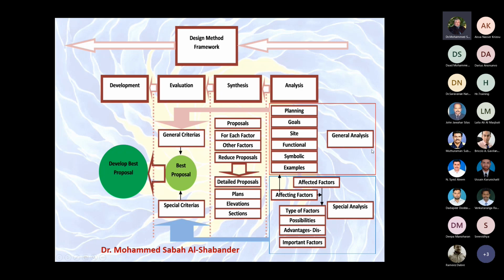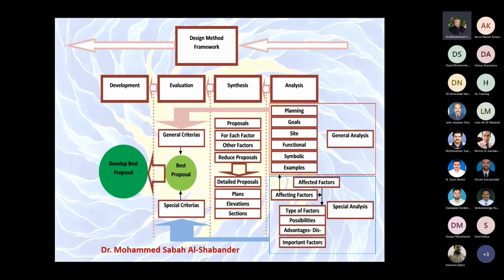First, we have the general analysis. In general analysis, we get planning and the goals of the project, and then we have to focus on the site analysis. Then we also have functional analysis, which is also very important. And also symbolic analysis.